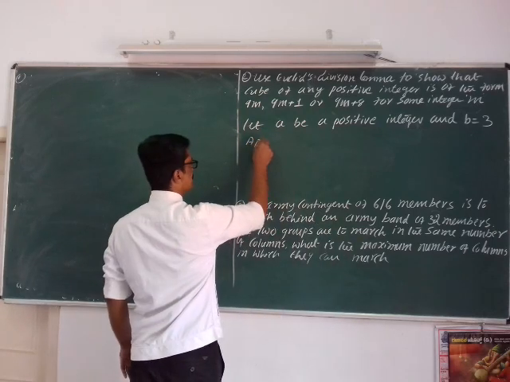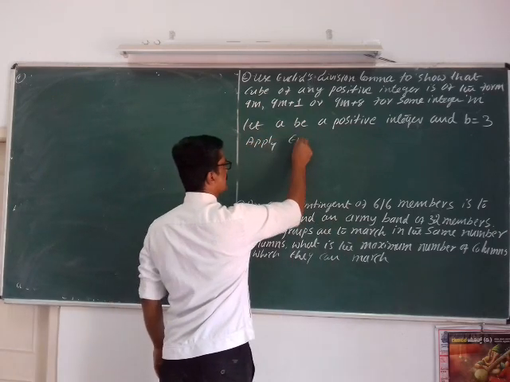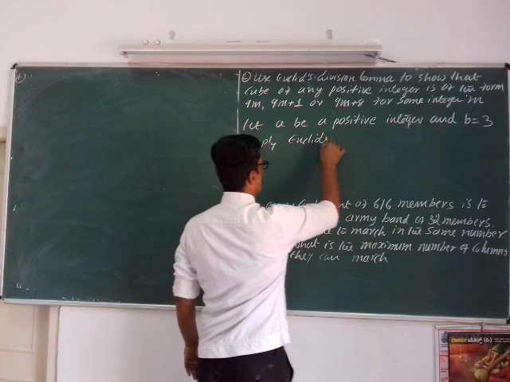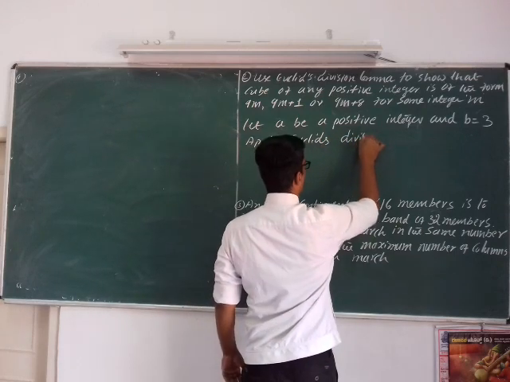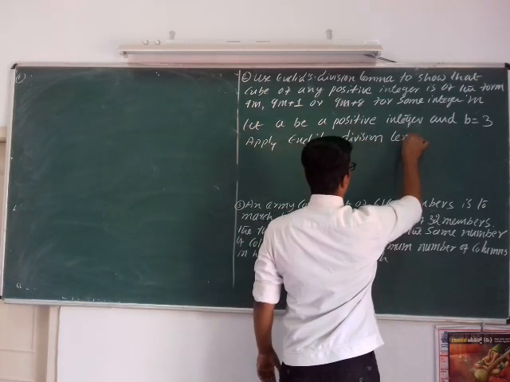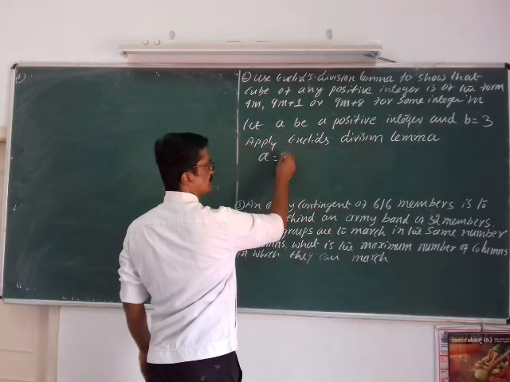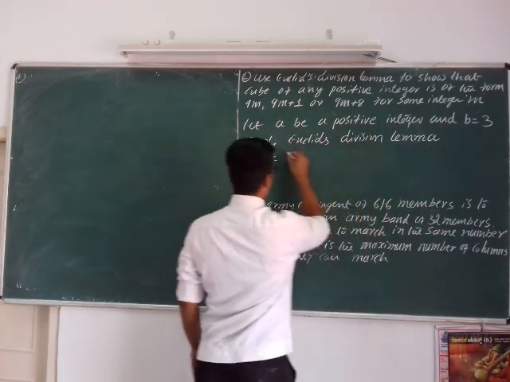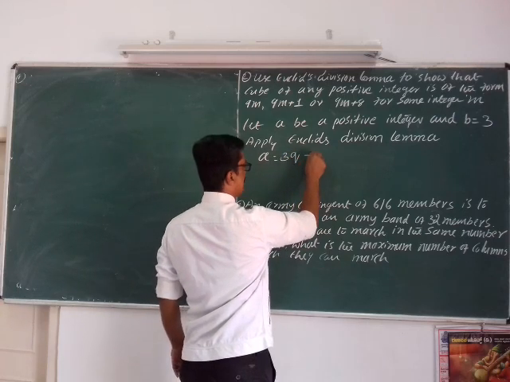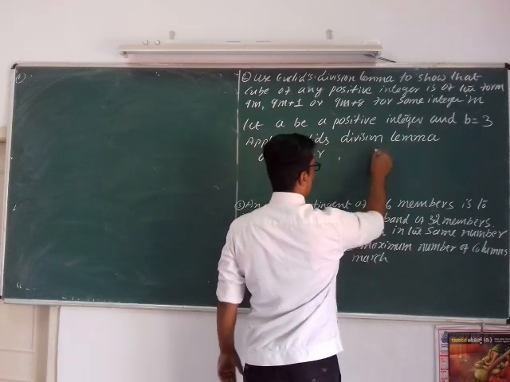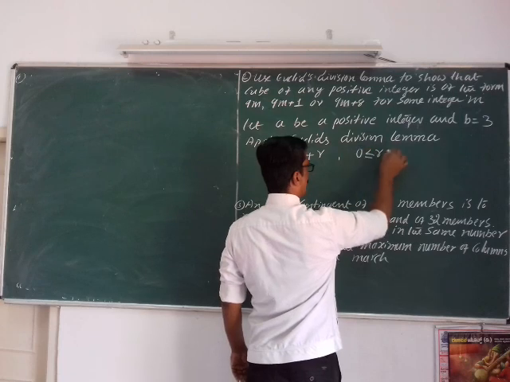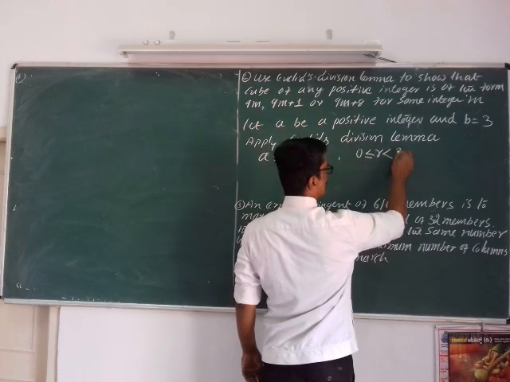Apply Euclid's division lemma. So a equals 3q plus r, where r is greater than or equal to 0 and less than 3.